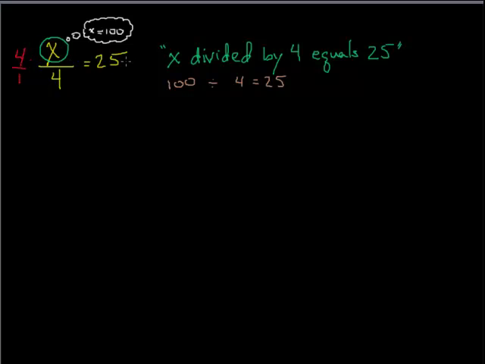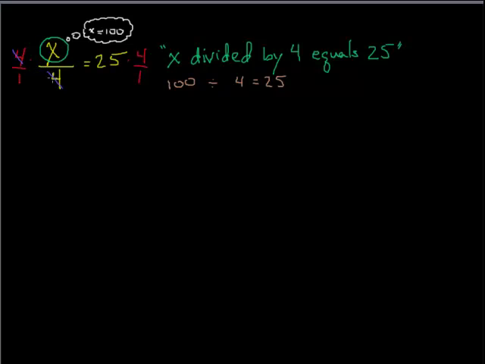But remember, this is something you'll hear a lot in algebra: if you do something on the left-hand side, you must also do it on the right-hand side. So we multiply by 4 on the left, and we need to multiply by 4 on the right. Now the 4's cancel.